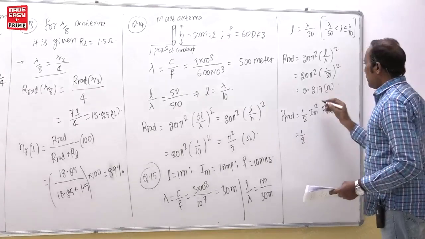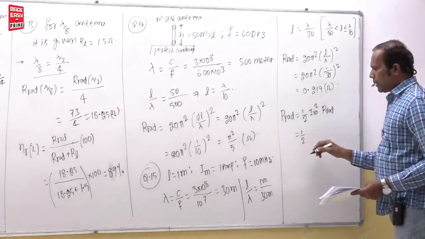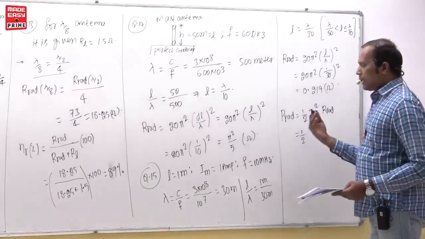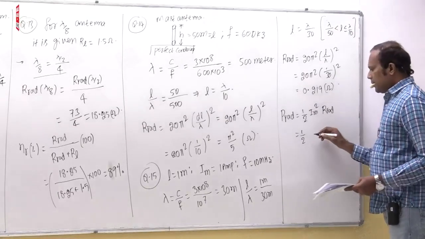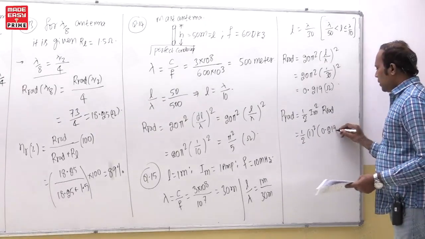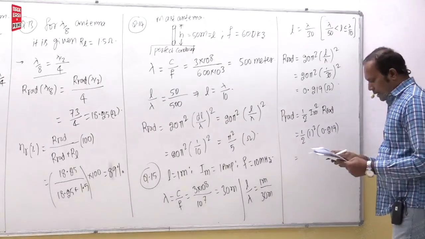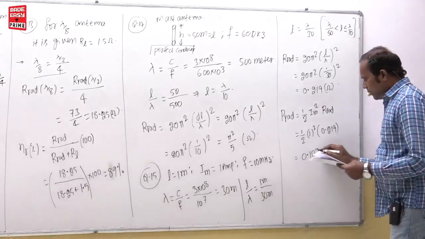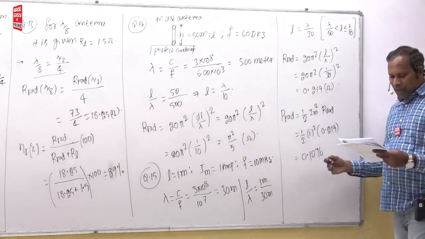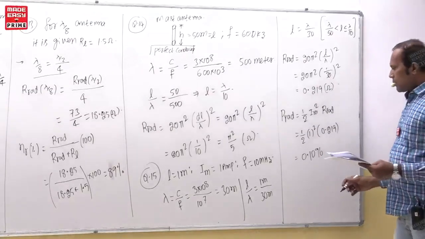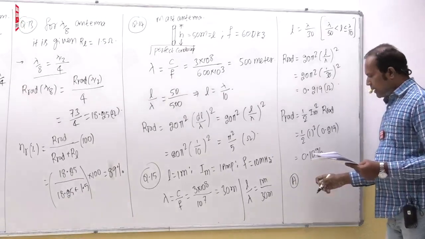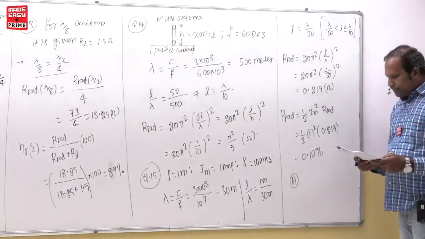Current is given as 1 ampere, and in antennas that current is taken as the maximum current, that is standard. So half into 1 square into 0.219, the answer is 0.1096. The question asked for the approximate radiated power, so the answer is option A.